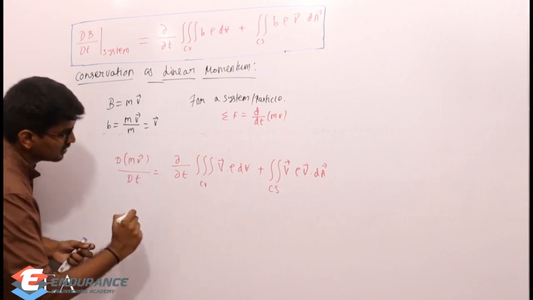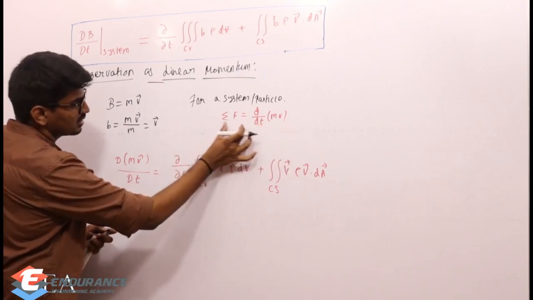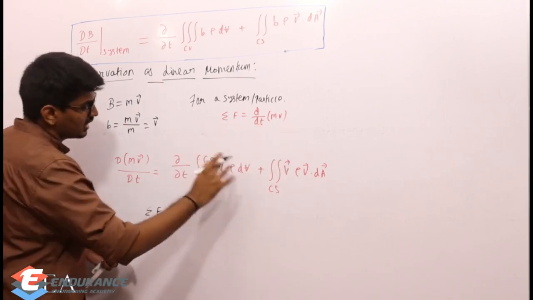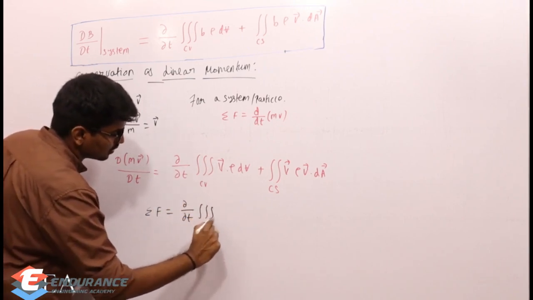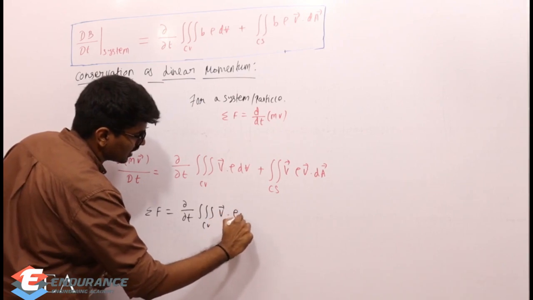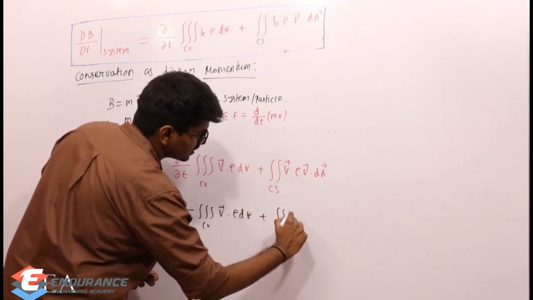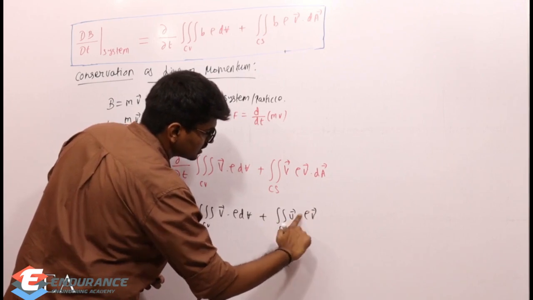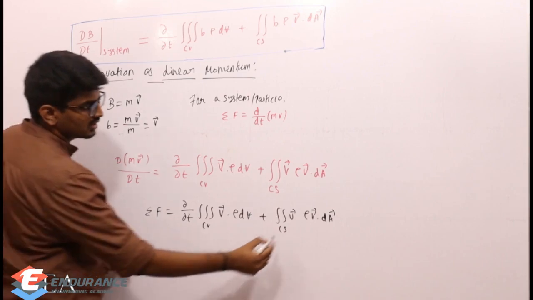So this rate of change of linear momentum is the summation of F, and I'm just substituting in its place. Now the right hand side is going to be ∂/∂t of the control volume integration of V vector rho dV, plus the control surface integration of V vector rho, it's not a dot product, it's multiplication, times V vector dot dA. So this is a dot product.